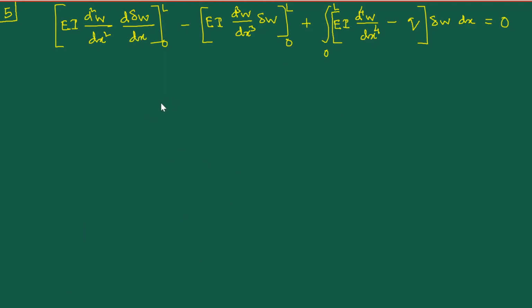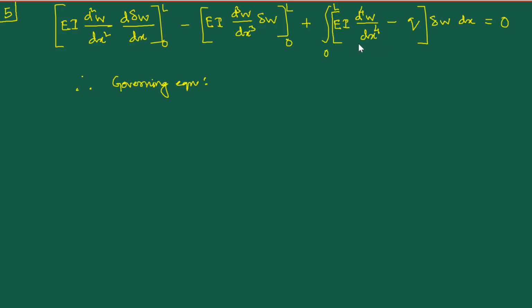Now using our knowledge from the calculus of variations chapter, we can conclude that our governing equation is going to be the coefficient of this delta w term. This is exactly the kind of thing which we did while obtaining the Euler-Lagrange equation.